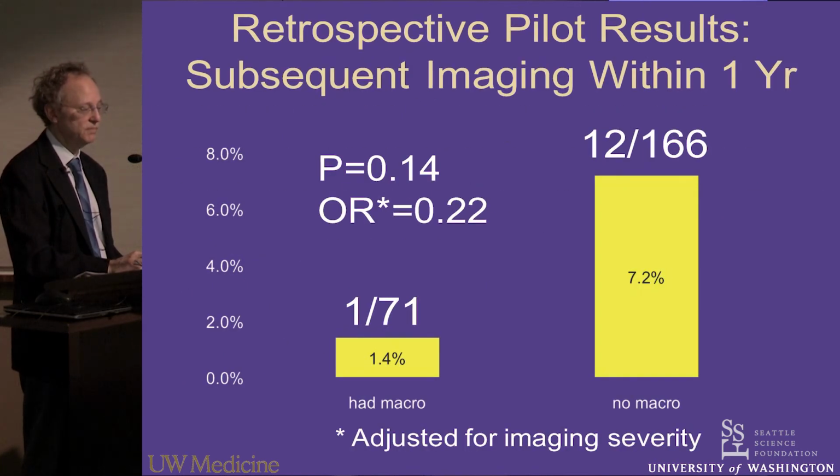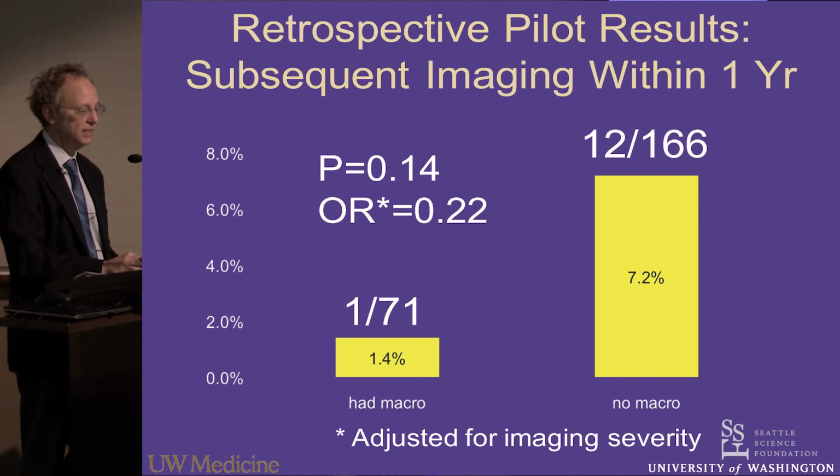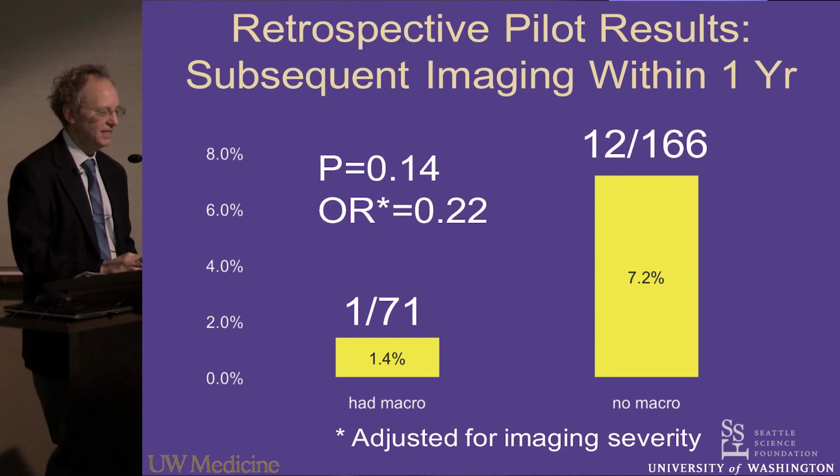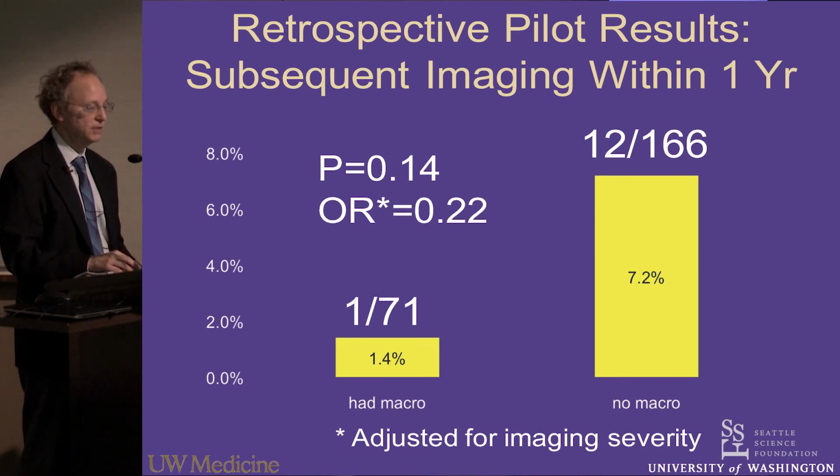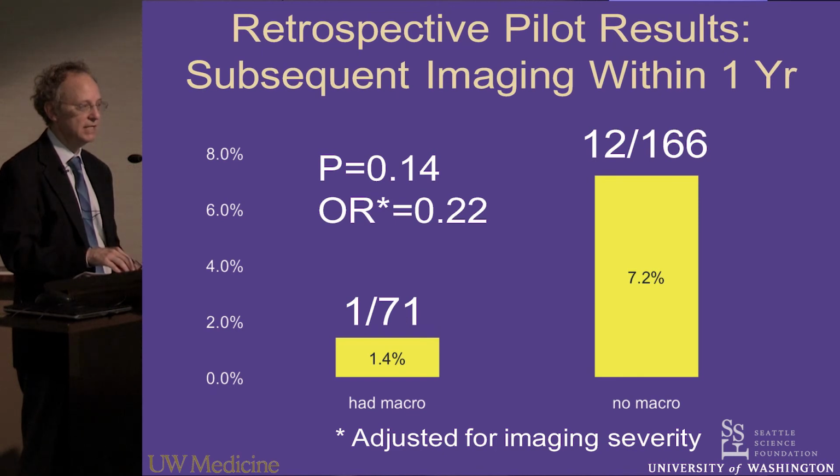Again, this was a retrospective small pilot study that I think Brendan McCullough was actually involved in when he was a resident and fellow. What we essentially showed was a reduction of subsequent imaging in patients that did versus did not get this additional information.